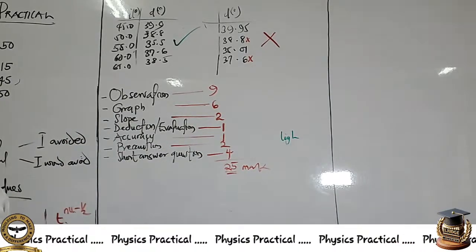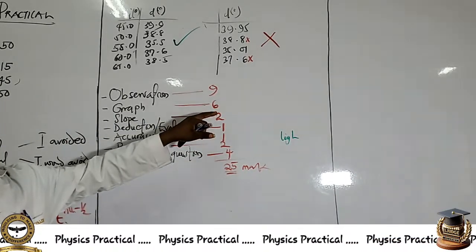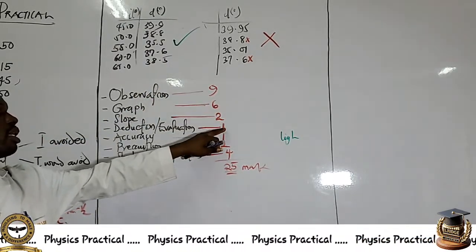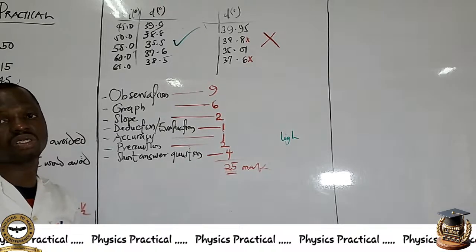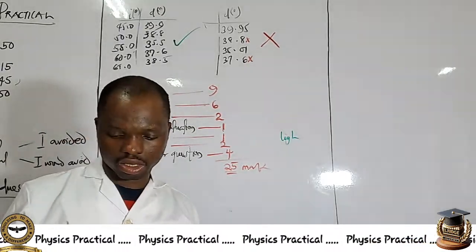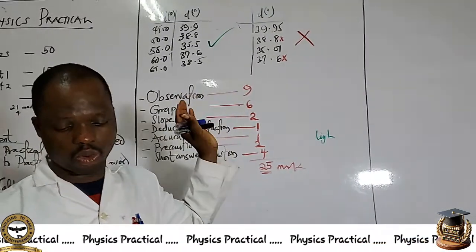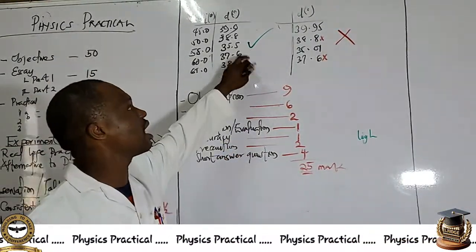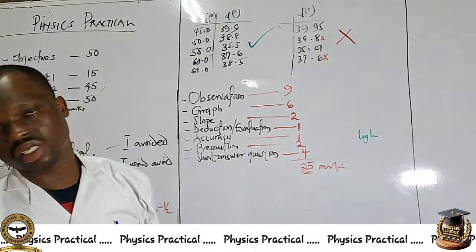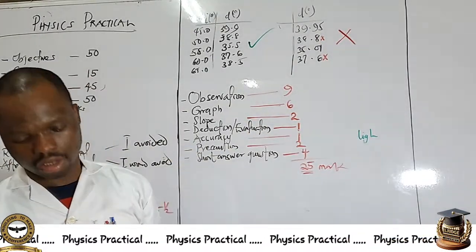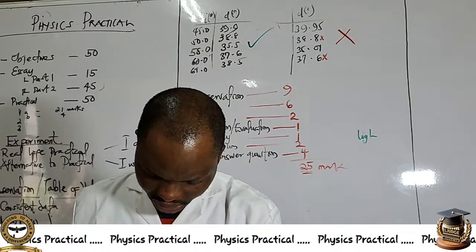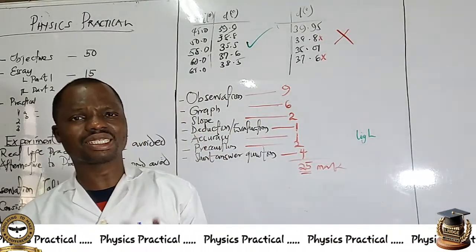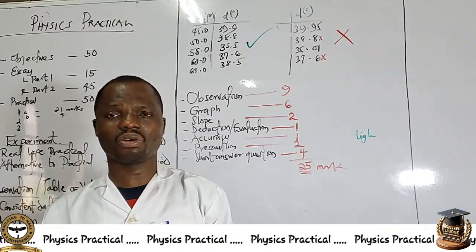A student that plotted something different from the table would have lost 10 marks. He might get the marks for the table, but because he has plotted something different from what he has on the table of values, he loses about 8 to 10 marks.